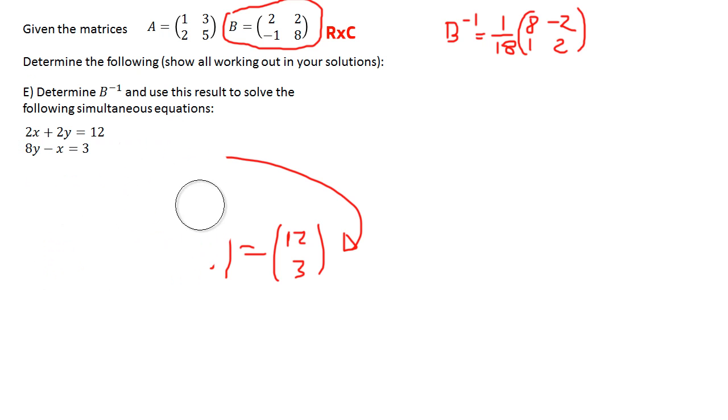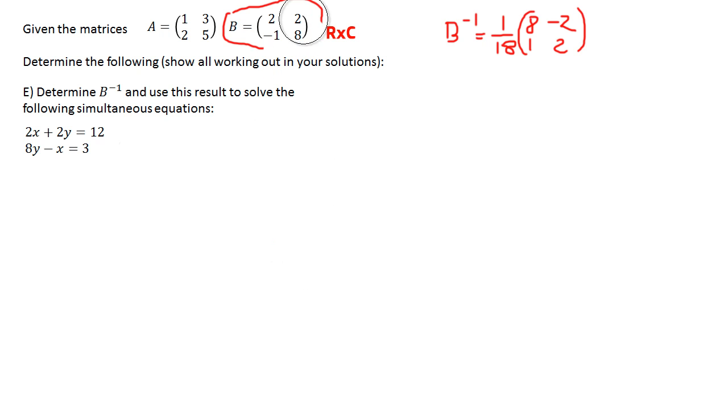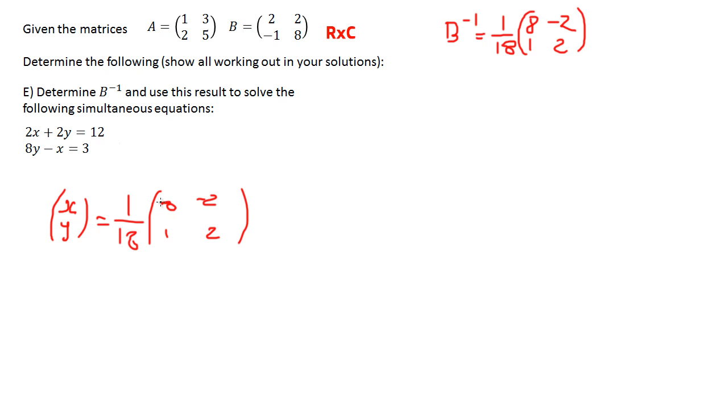To do this, we essentially do x and y equal to the inverse of B, so 1 over 18 that we found earlier, 8, minus 2, 1, 2. These numbers are looking very weird. And then you times it by the answer, so 12 and 3.